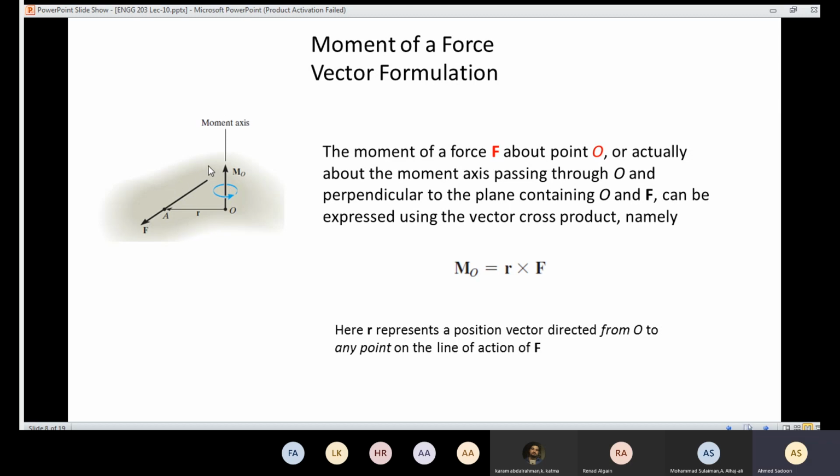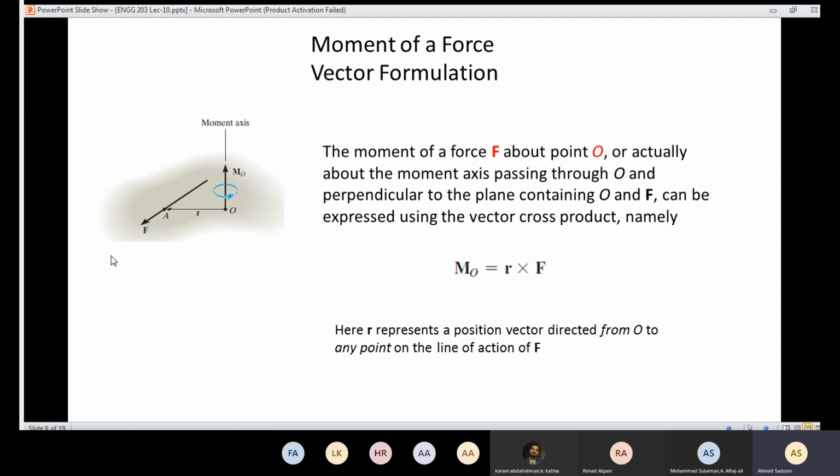So if this one is the vector F, and if you extend the line here, all of that part represents the line of action. So you can have a position vector directed from the point O to any point, it could be here, or here, or here, to any point on the line of action.